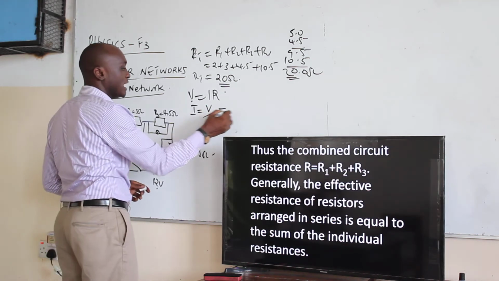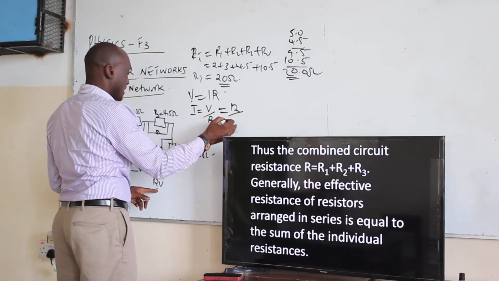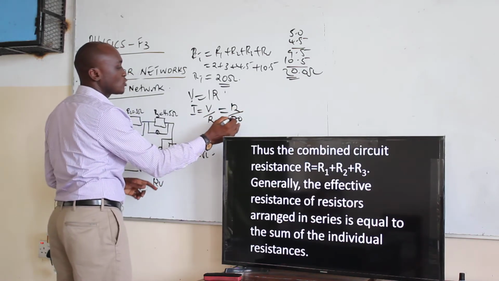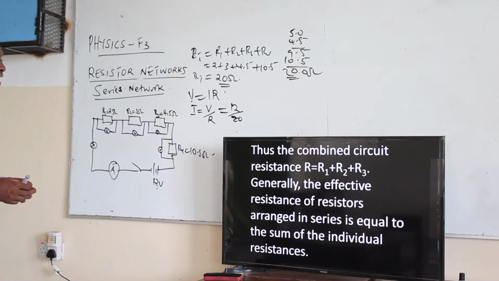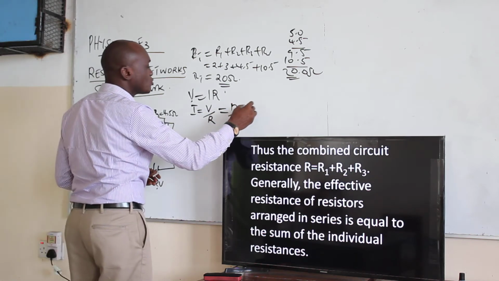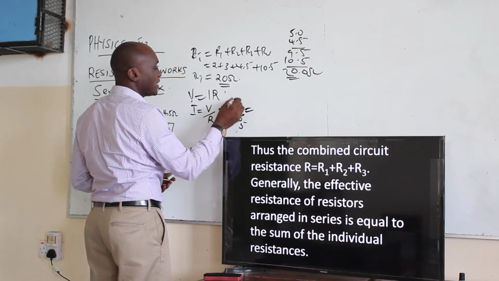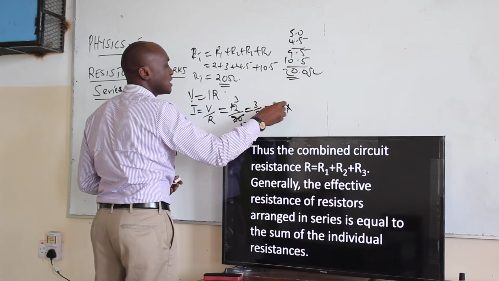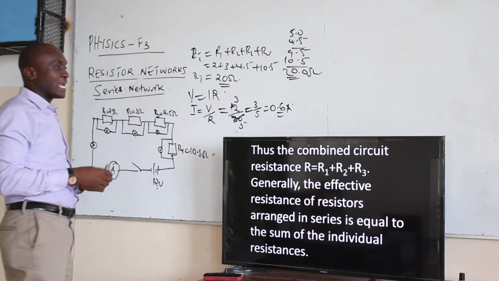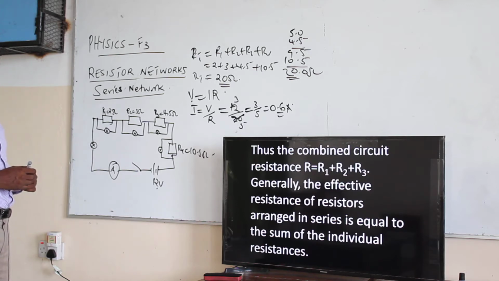So our current shall be the voltage, 12, divided by the resistance, which is 20. Whatever answer we get shall give us the total current going through this particular circuit. 12 divided by 20: dividing by 4, we get 3 over 5, which gives us 0.6 ampere. 0.6 A is the total current going through this circuit.